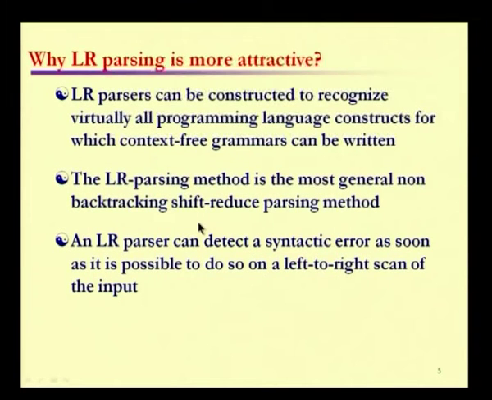Now, what is the reason for the attractiveness of LR parsing? The first is that it is capable of constructing LR parsers for all programming language constructs. So, if you can write a context free grammar, then certainly it is possible to come up with an LR parser for that grammar.